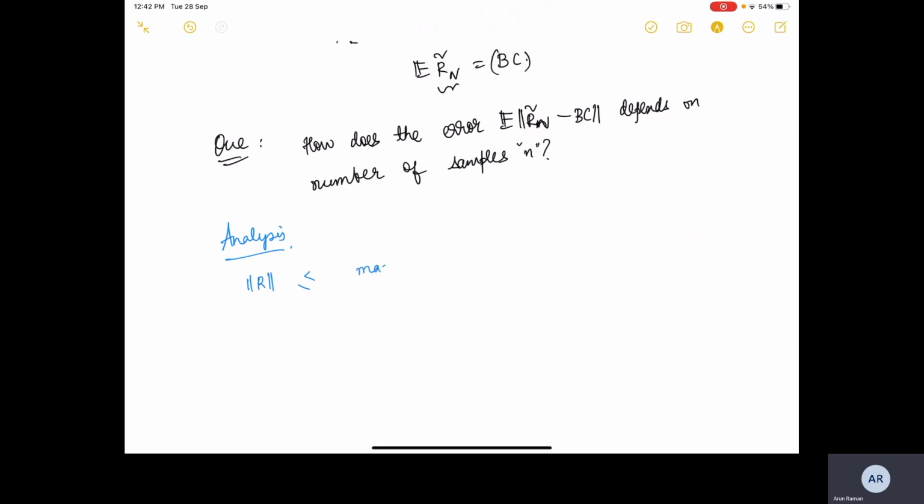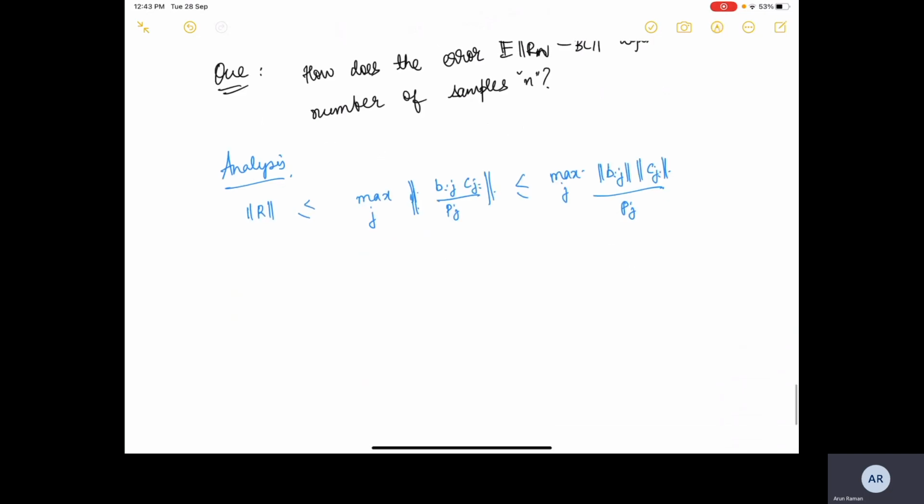So we can write this as maximum. Since Pj is a scalar, we have this quantity here with us.